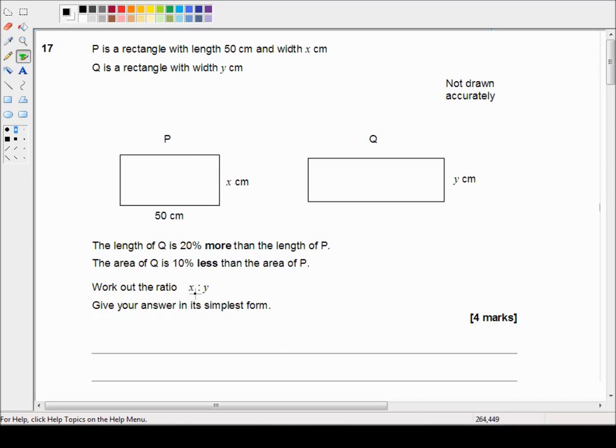Okay, so we don't need to actually know what x and y is. We need to know the ratio of x to y.